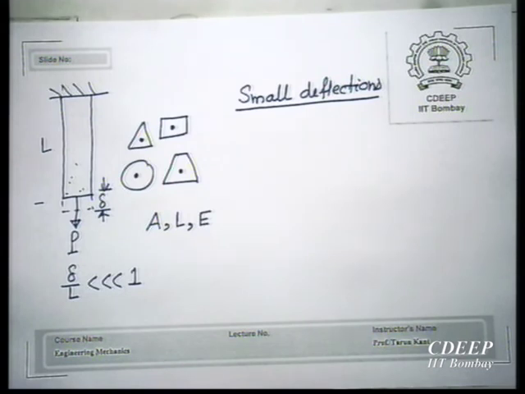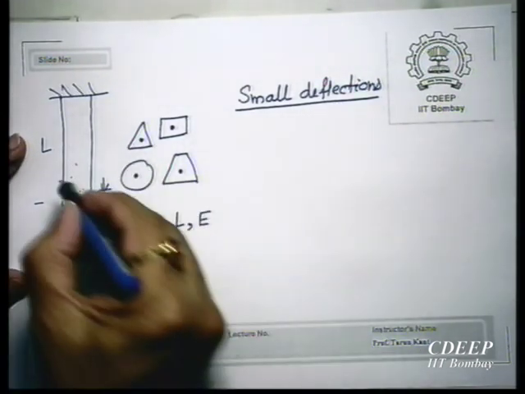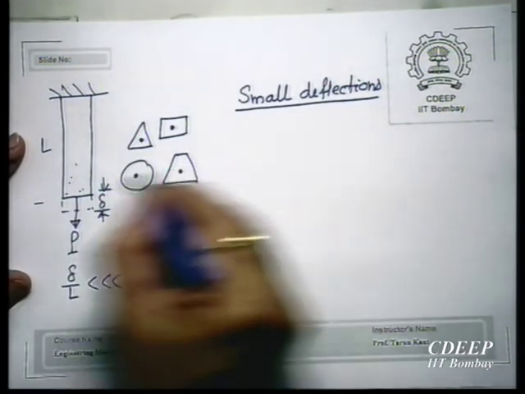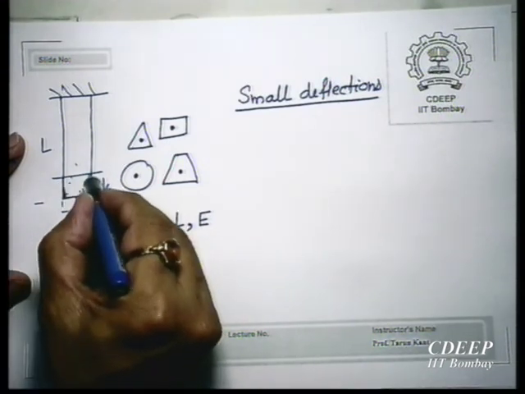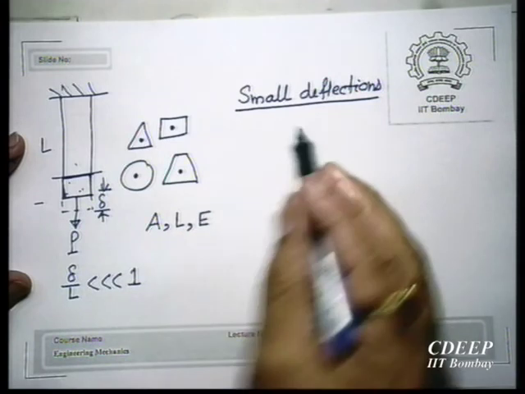And what is the consequence of small deflection? Because if it is not a small deflection, see, we have considered the equilibrium of the body, that means when we cut it here, did we consider the deformed body or the undeformed body?